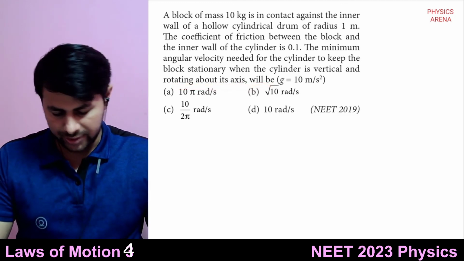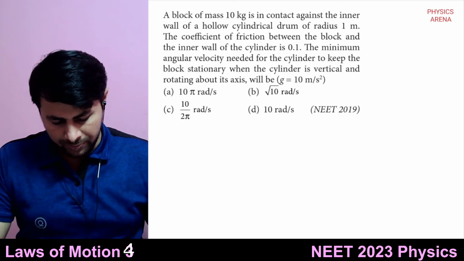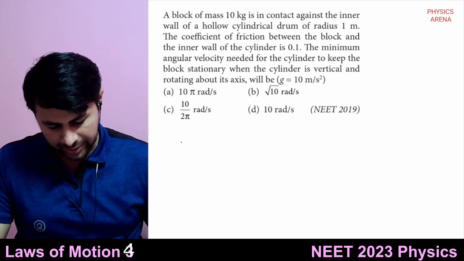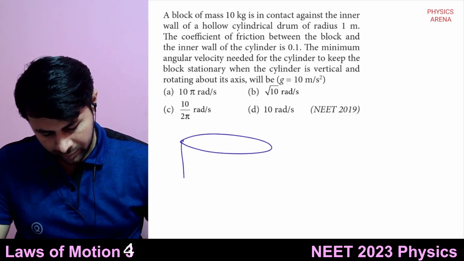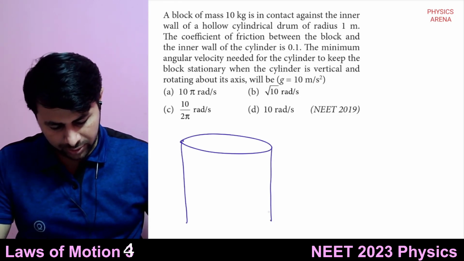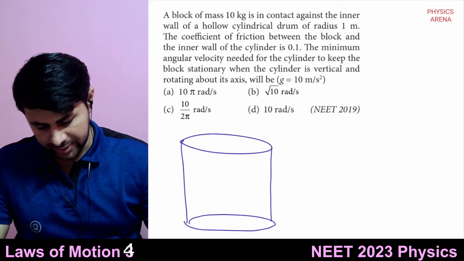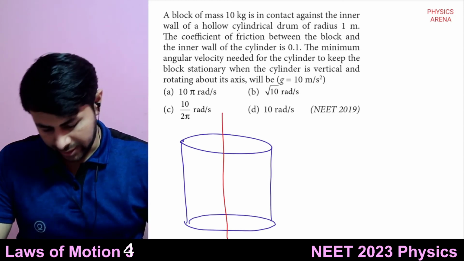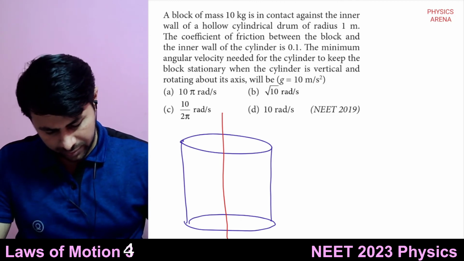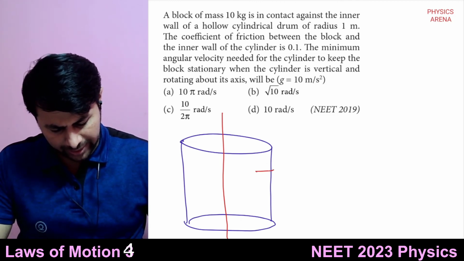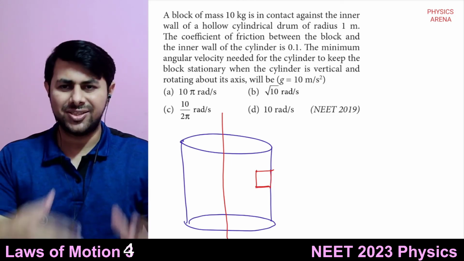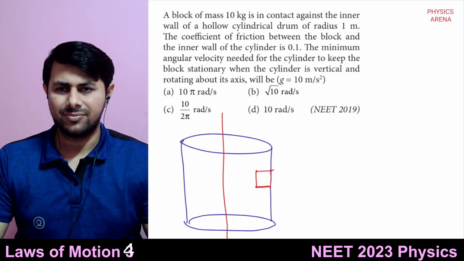So see, there is a cylinder like this, rotating about an axis passing through the center, and there is a block of mass m, resting against the wall of the cylinder.